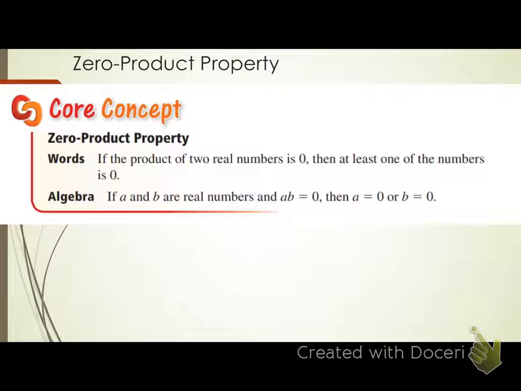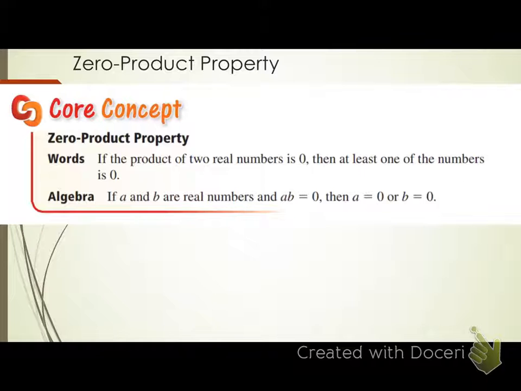Everyone got that written down? Okay. So when I'm given an equation, I've got to find out what values of that variable would make that equation true. So if that equation equals 0, I'm going to use this zero product property to determine which values make that equation true. So essentially, what values make that equation equal 0.